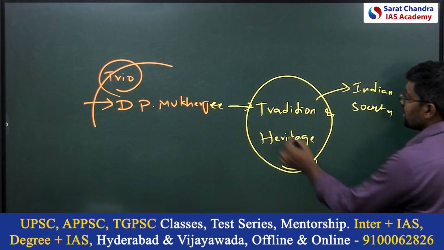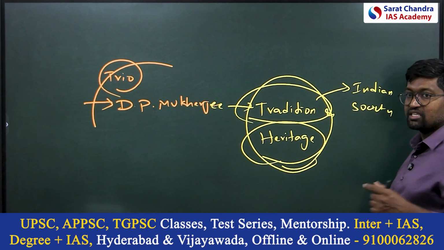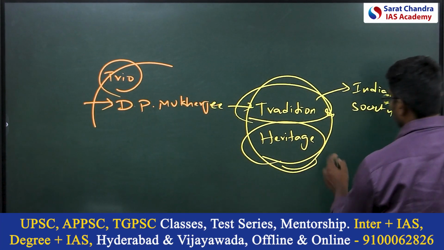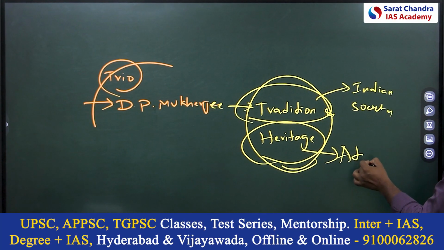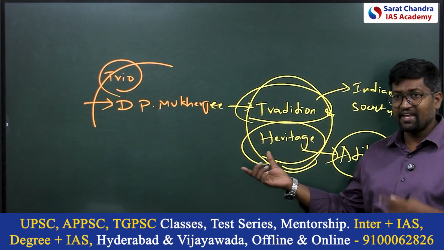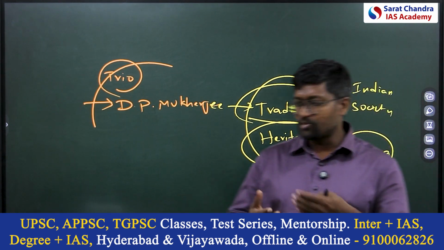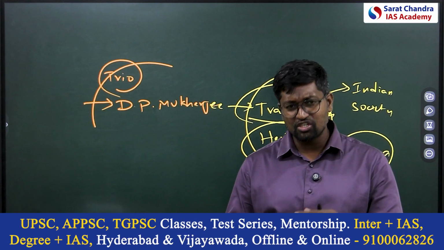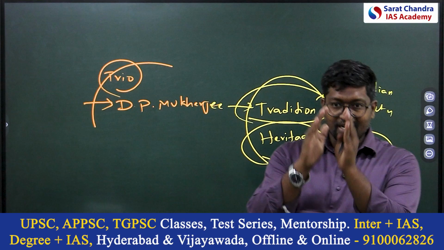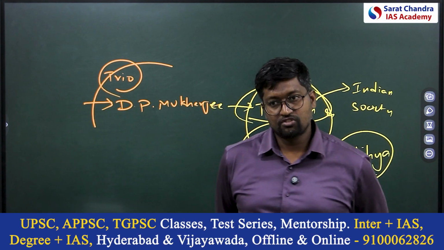So he said that these traditions are parampara. Heritage is Atihya. Monuments are Indian heritage. India has a vast heritage from the past, like the Indus Valley civilization. Through traditions and heritage, we understand Indian society.